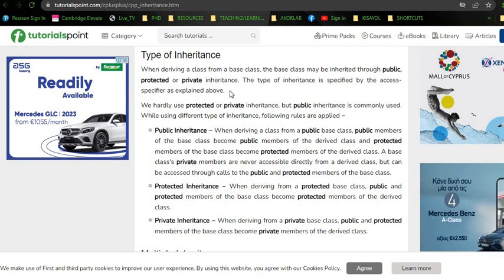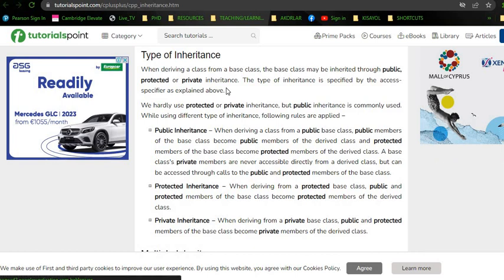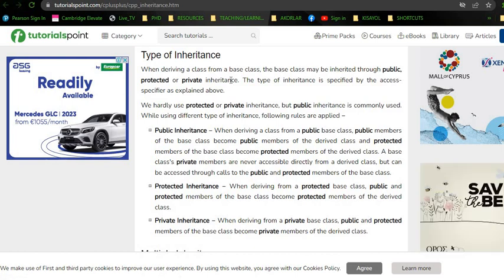So, this is my base class, but am I going to have public inheritance, protected inheritance, or private inheritance?